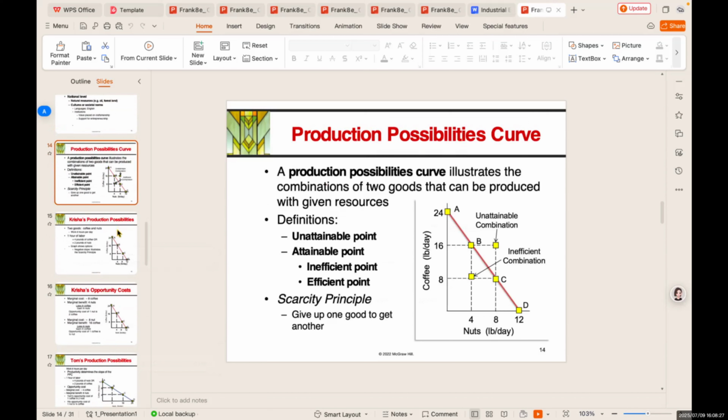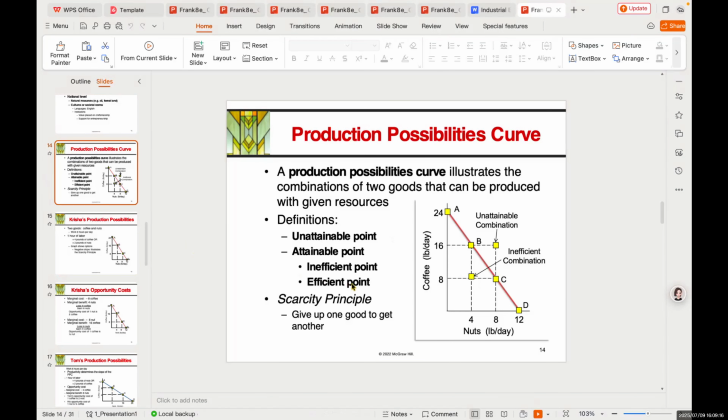I will give you a further interpretation of opportunity cost, comparative advantage, and specialization and trade by using the production possibility curve. The points on the production possibility curve are the feasible output combinations given the resources. Here the period is 1 day. They can be realized by working efficiently, so they are called efficient points.